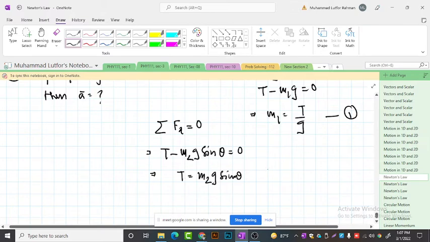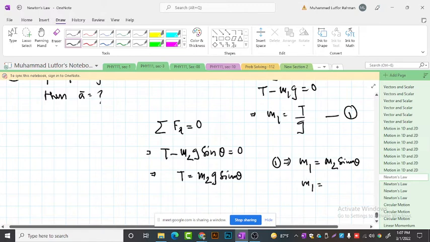Now if I plug this T into this equation, I will be able to find the value of M1. In that case, your M1 would be M2G sin theta divided by G. M2G will be cancelled out, so M1 would basically be M2 sin theta. And I know that M2, right?